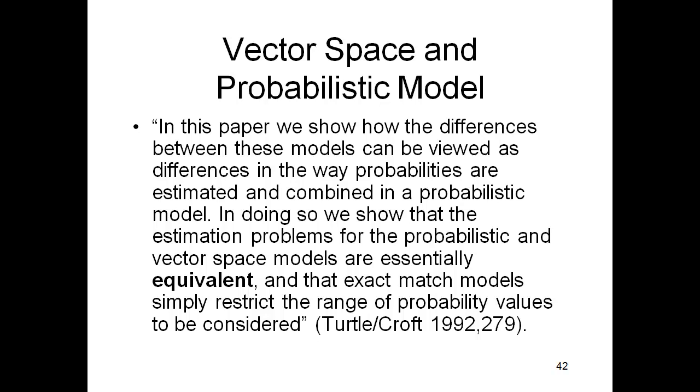And even exact match models, like the Boolean models, can be seen as a special case of the vector space model. We can now say the Boolean model is a vector space model where we have only two weights, 0 and 1. And the probabilistic model is also just some sort of vector space model. So Turtle and Croft say, if we study the vector space model, we can basically cover this whole family of models, and they're more or less the same.